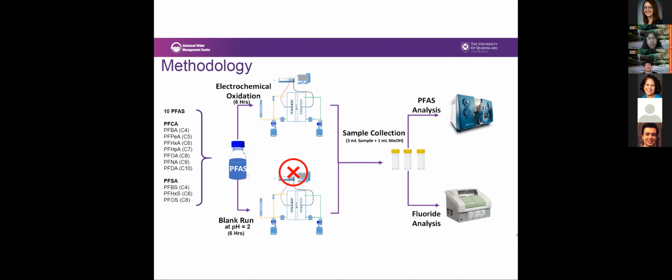This time we adjusted the pH of the solution to 2 because during the EO treatment, we observed that the pH of the solution decreased to 2 or less within 15 to 30 minutes of the treatment. Since PFAS sorption is pH dependent, we decided to adjust the pH of the solution for our blank runs.